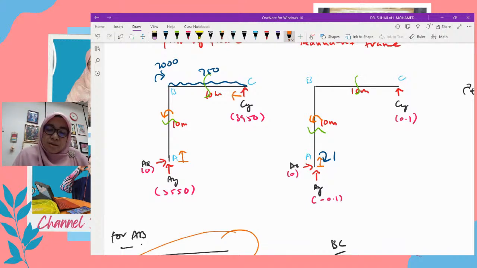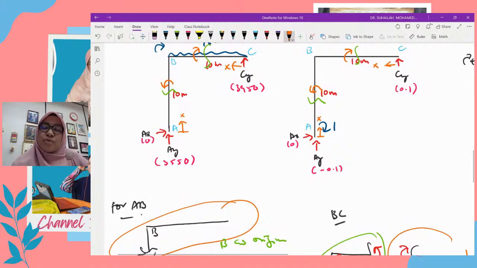This is X. So for AB, we know that it is counterclockwise, and for BC, it is clockwise.